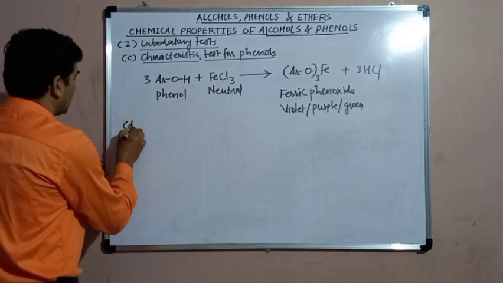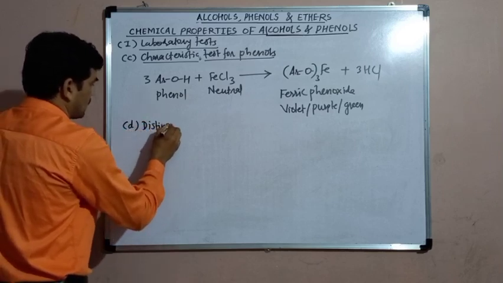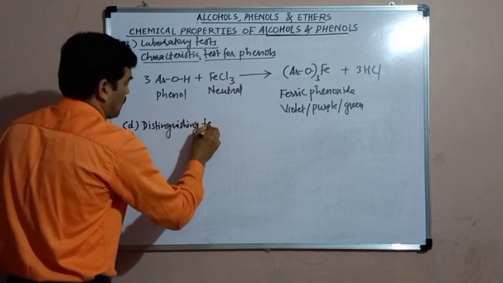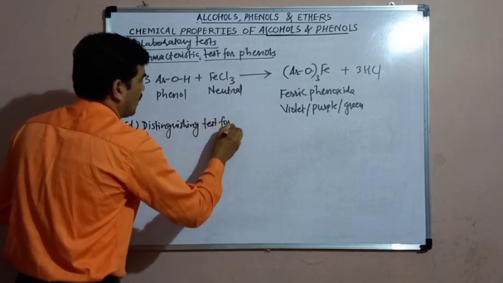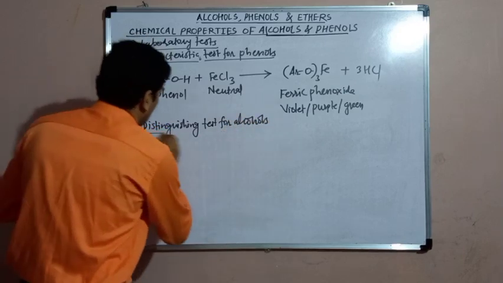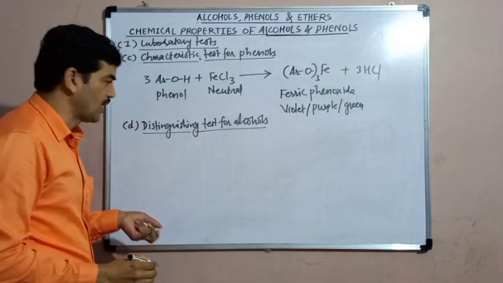Then the next laboratory test is the distinguishing test for alcohols. The alcohols are classified into three types: primary, secondary and tertiary alcohols.